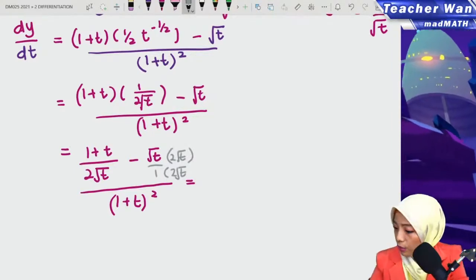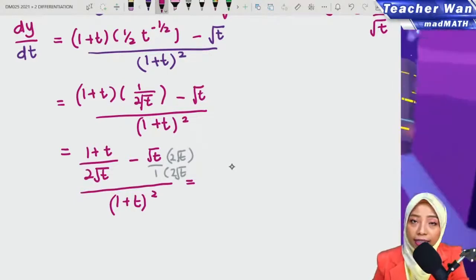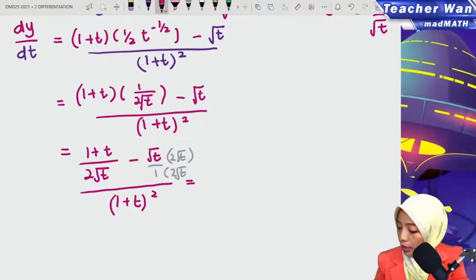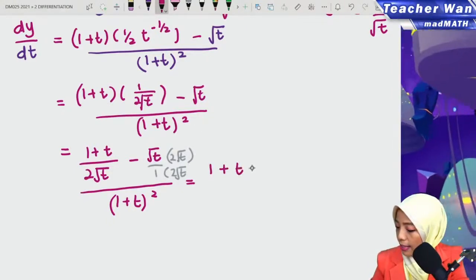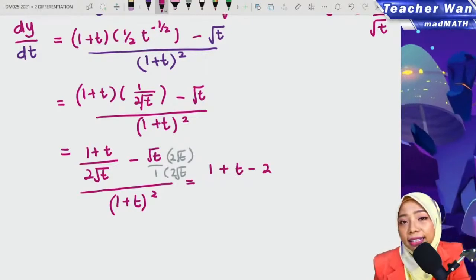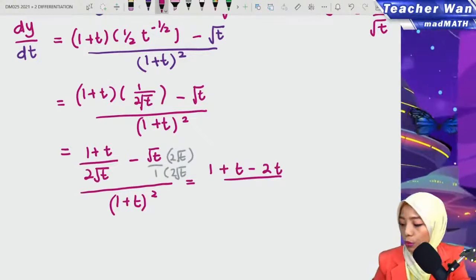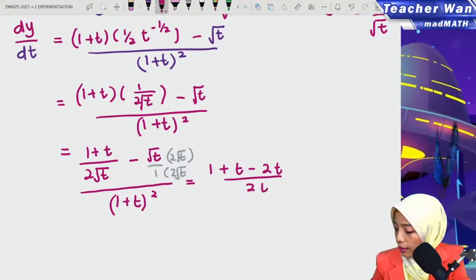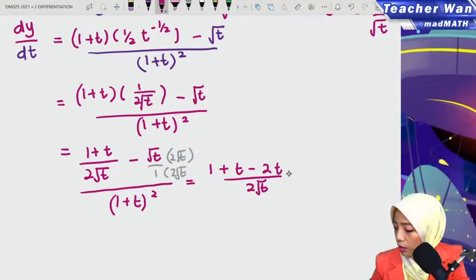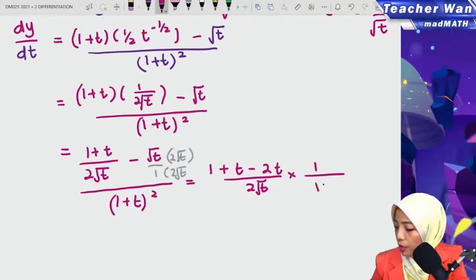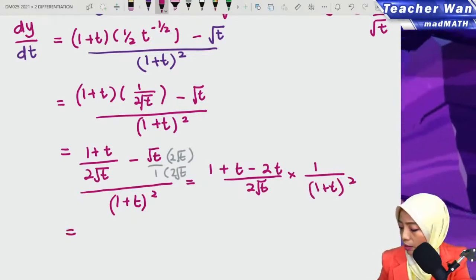So now after multiplying top and bottom with 2 root t, what we'll have here is 1 plus t minus 2, root t times root t, so it becomes t, over with 2 root t. Now multiply with 1 over 1 plus t squared. So far so good.